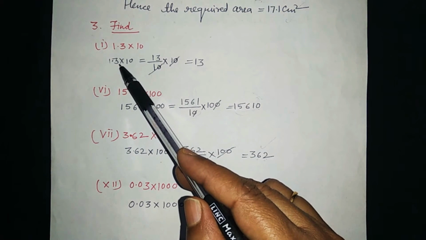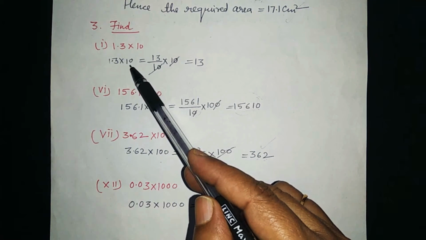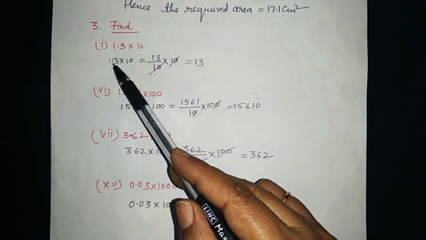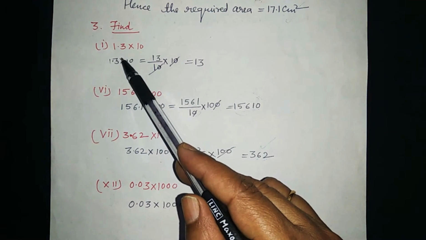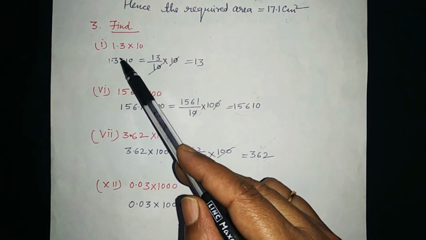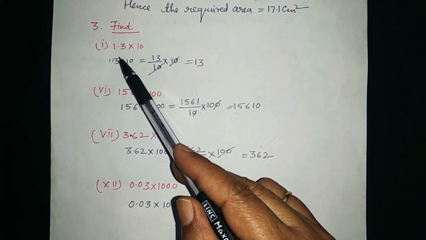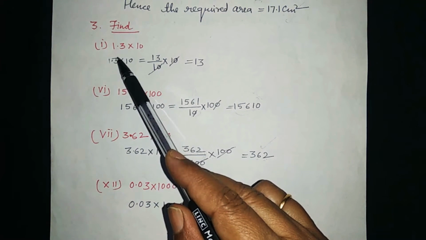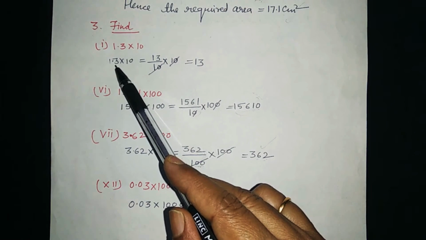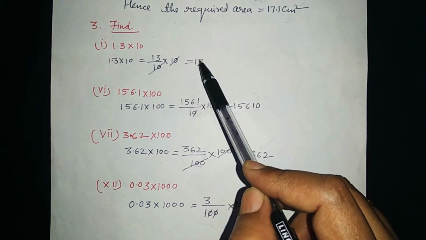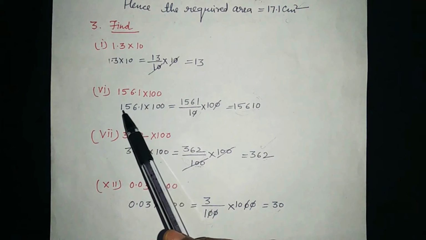And for how many places? We will see the number of zeros. Here only one 0, so we will shift this decimal towards the right side only one place. So after shifting only one place, what will happen here? We will get 13.0. 13.0 means 13.